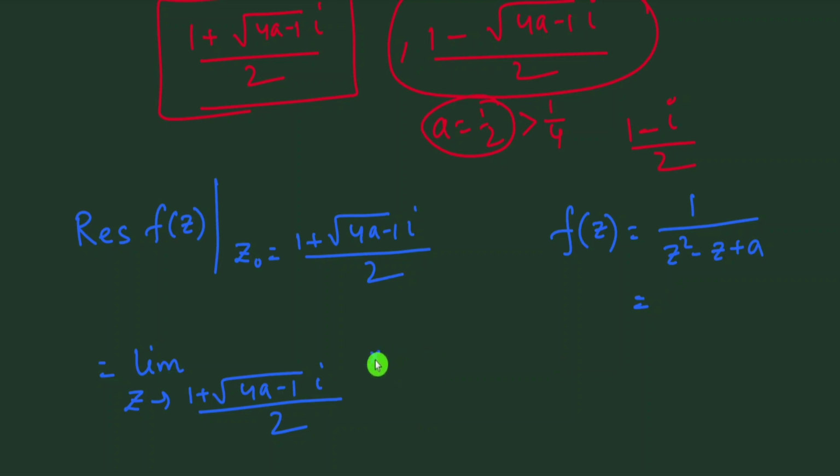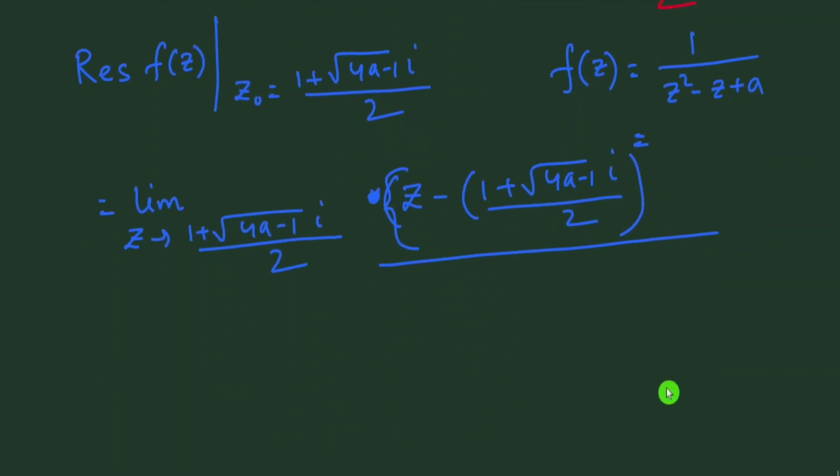We can write the product of these two terms, into limit z tends to z0, z minus z0, that means z minus the singularity, 1 plus root of 4a minus 1 into iota by 2, over z minus z0.